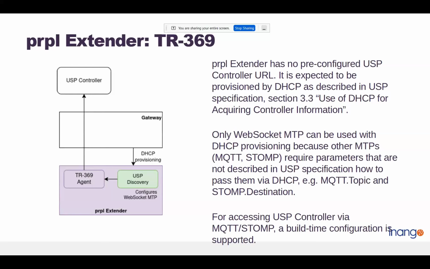To summarize here, via DHCP, extender can only be provisioned to access USP controller using WebSocket protocol. But for extender, we added build time configuration options to pre-configure USP agent with controller URL and other required parameters for MQTT and STOMP protocols.